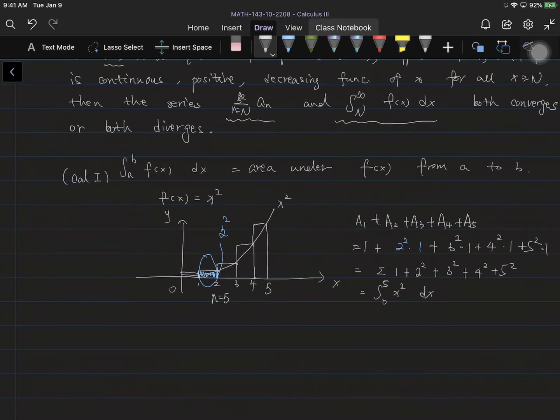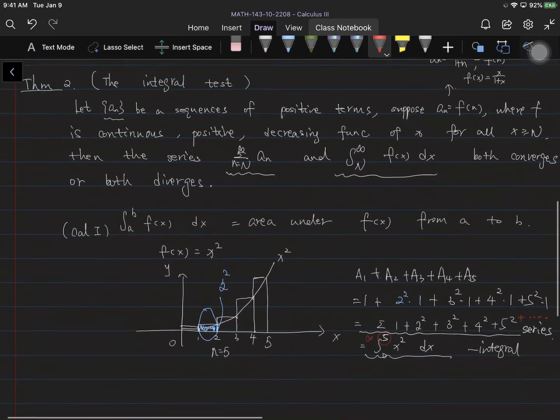Right now we can look at this as a series, and we can look at this as the integral. So sometimes they have almost the same sum. And in our case, we just change this into infinity, and here we have infinitely many terms. Okay, that's the meaning of the integral test.